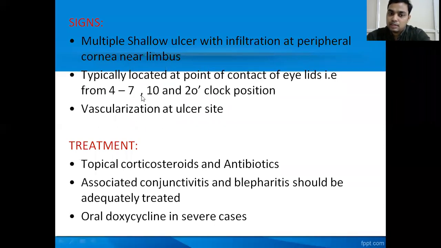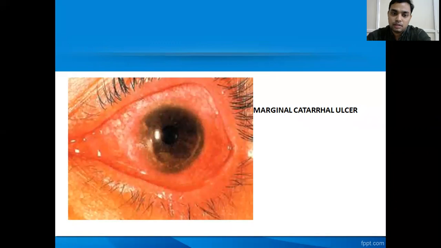So this marginal keratitis is located at the 4 to 7 o'clock and 10 to 2 o'clock positions. If you see here, the eyelids come in contact at the 4 to 7 o'clock and 10 to 2 o'clock positions. So at 8 to 9 and 3 to 4, there is no contact of eyelids.